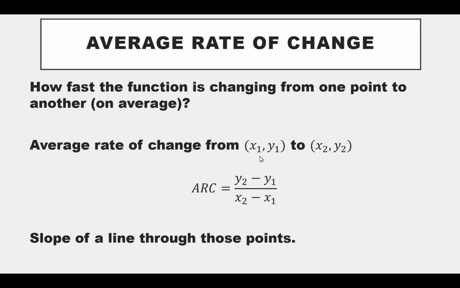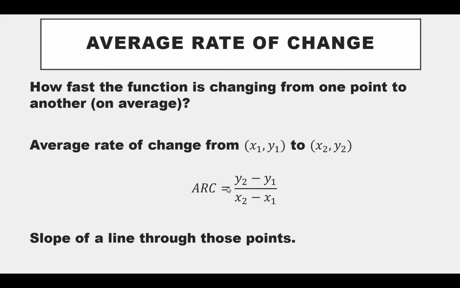If I have 2 points, point 1 we'll call x1, y1, and point 2 we'll call x2, y2, then the average rate of change is just going to be a fraction where I take the y value of point 2 minus the y value of point 1 in the numerator, and then divide by a denominator of the x value of point 2 minus the x value of point 1.